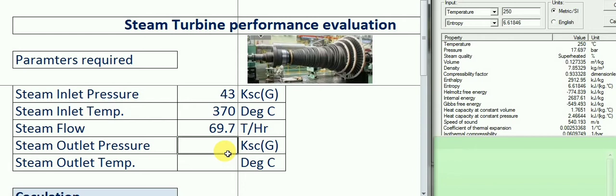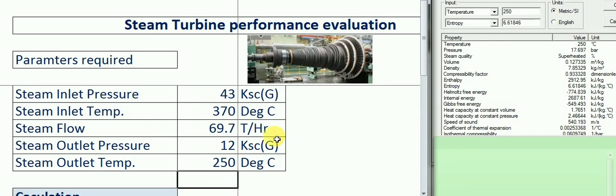Now we are going to calculate for the back pressure turbine. Output steam pressure is 12 kg per centimeter square gauge pressure and outlet temperature is 250 degrees centigrade. Basically it will be superheated steam. So these are the parameters required for this calculation.